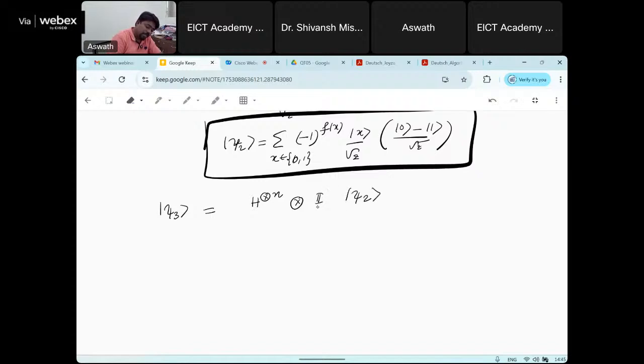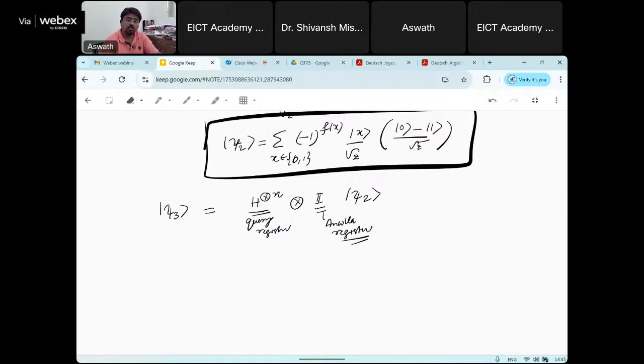What I mean is, on the ancilla qubit nothing is there, that's why I put identity. This is on the query register, and this is on the ancilla register.